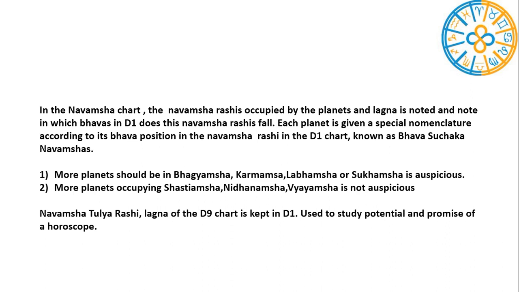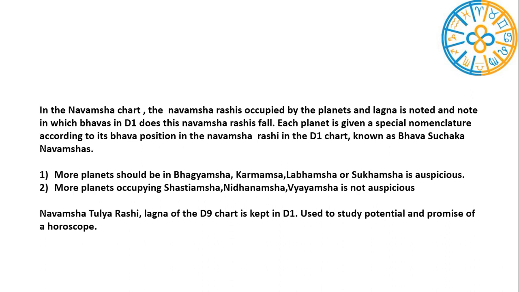So coming back to the topic of our discussion, Rashi Tulya Navamsha. This is also known as Bhav Suchak Navamsha, right? And it has certain nomenclatures also, which we will deal with. So what is Rashi Tulya Navamsha? Here the Navamsha Rashis occupied by the planets are noted, right? And the Lagna of the Navamsha Kundli is also noted.